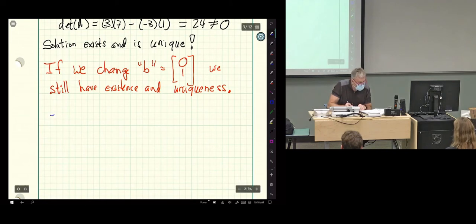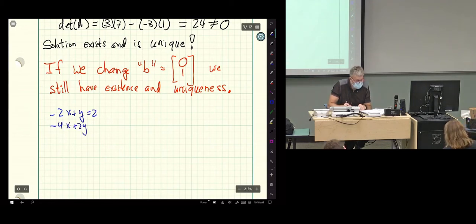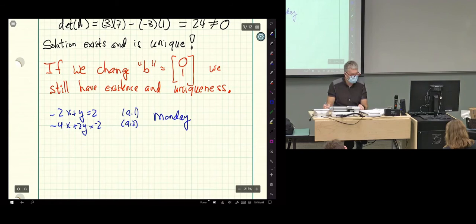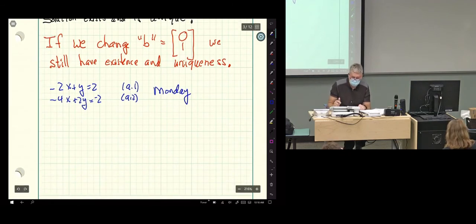Here's another example. Minus 2x plus y equals 2, minus 4x plus 2y equals minus 2. And this was 8.1 and 8.2 on Monday, a week ago. Let's see if we're faster at writing down our A matrix. Everybody mentally do it, then I'm going to fill it in. Multiplying x minus 2, multiplying y is 1.